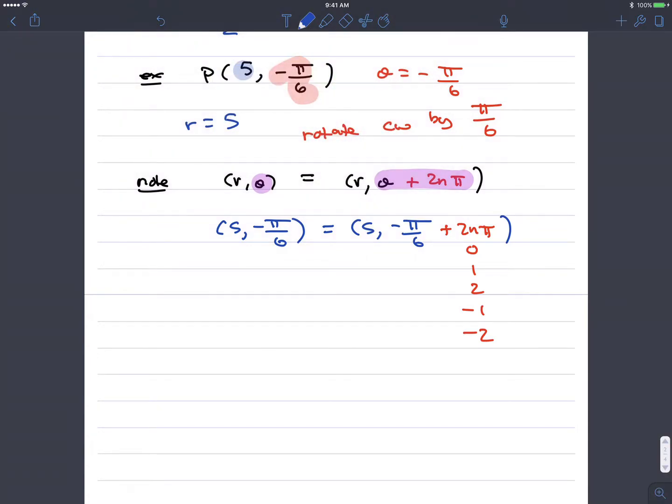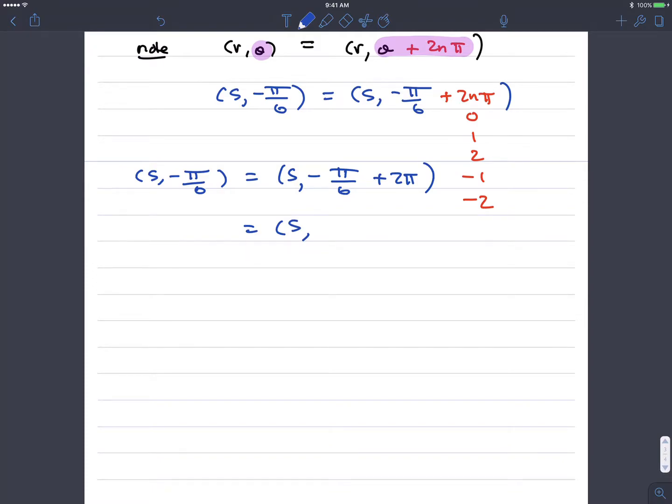What that says here is that this point here of 5, negative pi over 6, if I just add maybe what? 2 pi. Can I generate another equivalent, I should say, can I generate the same location with a coterminal angle?